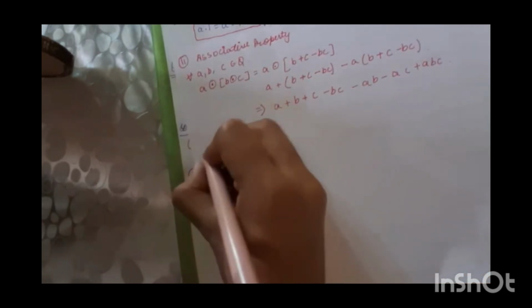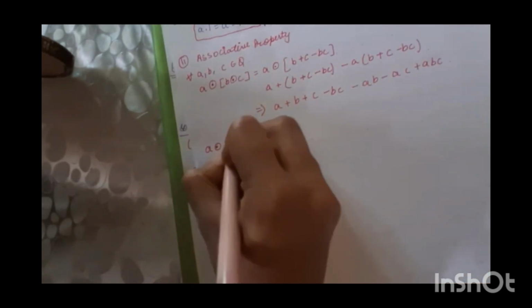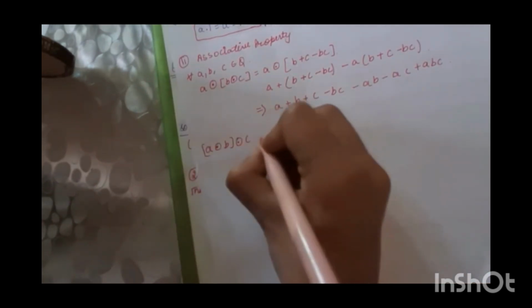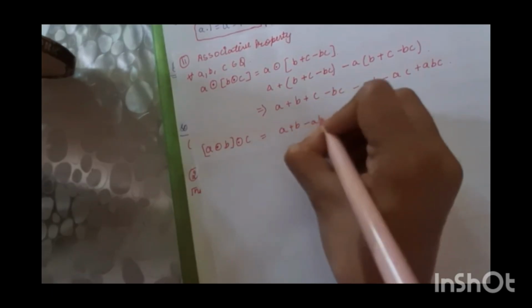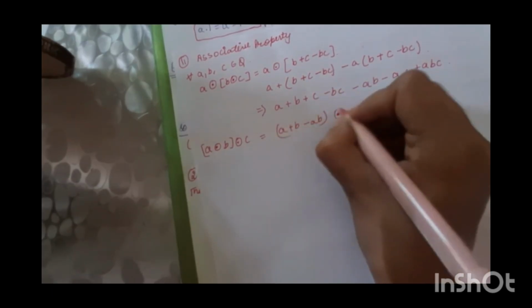Now A plus B plus C minus BC minus AB minus AC plus ABC. So this is the result. Now if we apply this operation the other way, what will we get? We will get A plus B minus AB.